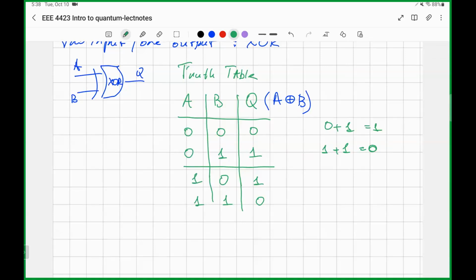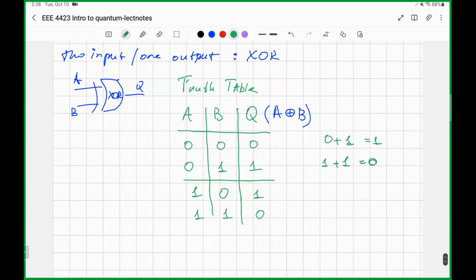There are two ways of thinking about this gate. One is how classical computing people think about it, in terms of the circle plus operation: you take the input 0 or 1, and depending on the circle plus result, you get your output.